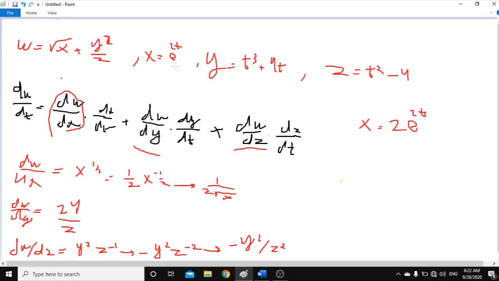I write it the same and take the derivative with the power rule. And then I find y. The derivative here with respect to t is 3t squared plus 4, and the derivative of z is 2t.